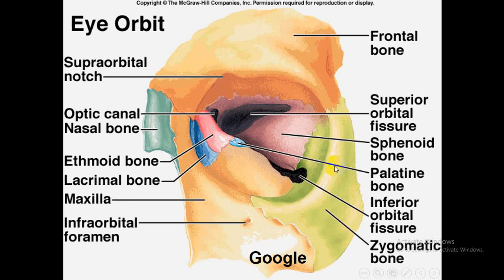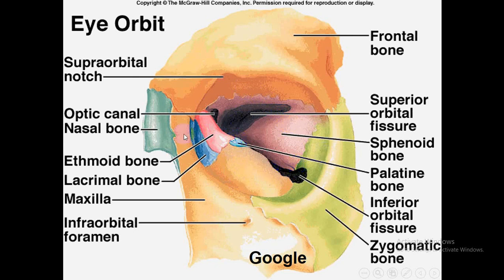The lateral wall is formed by the zygomatic bone and the greater wing of sphenoid. So we have frontal, sphenoid and zygomatic bone, that is 3 bones. The floor or inferior wall is formed by the orbital plate of maxilla. So the maxilla participates as number 4, and this small piece is the palatine bone, making 5 bones: frontal, sphenoid, zygomatic, maxilla, palatine.